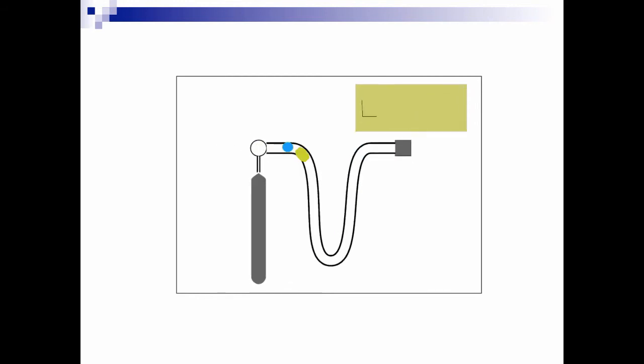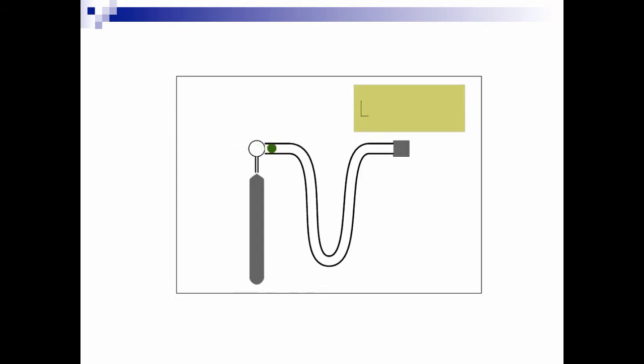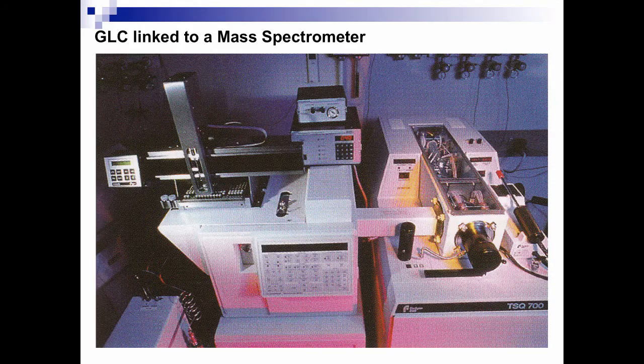One could also observe from the chromatogram that there is proper separation between the 2 dyes, judging from the gap between the 2 peaks. In this slide, it shows the GLC being linked to a mass spectrometer.